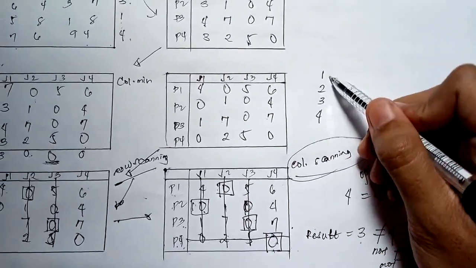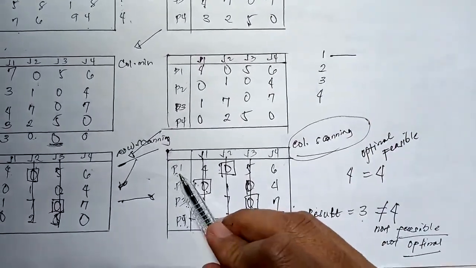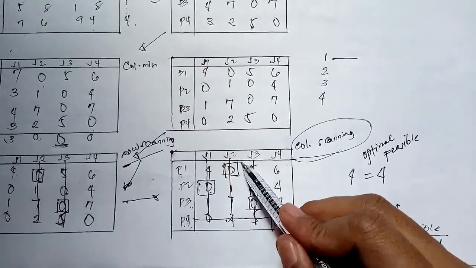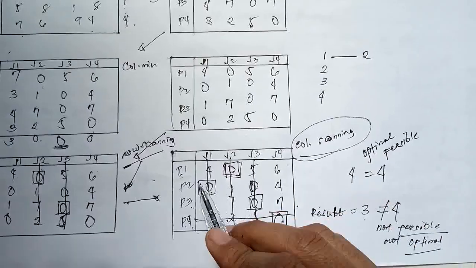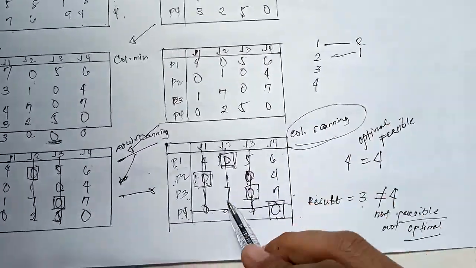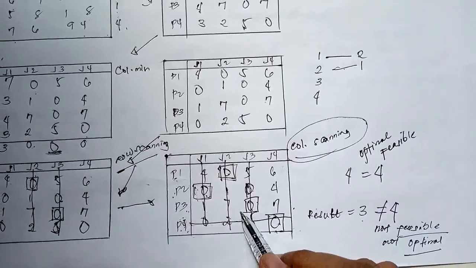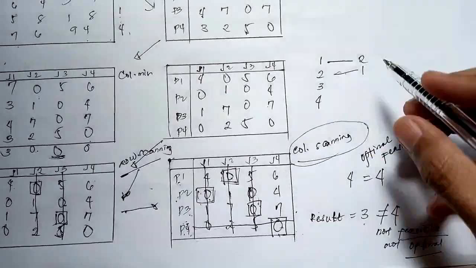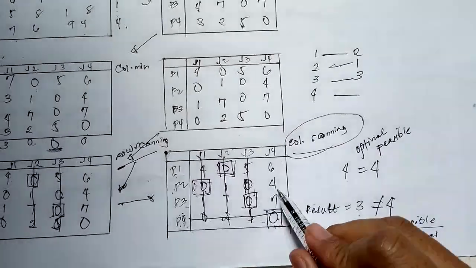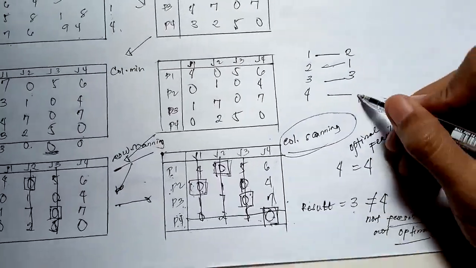Person 1 is assigned to job 2. Person 2 is assigned to job 1. Person 3 is assigned to job 3. And person 4 is assigned to job 4.